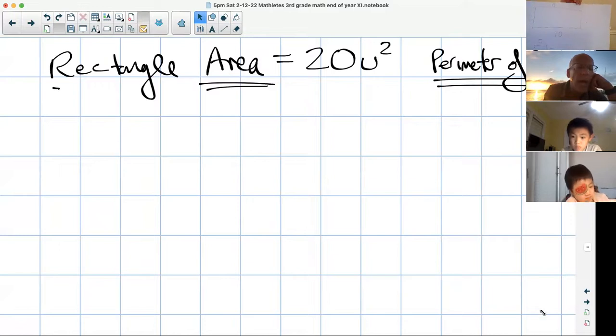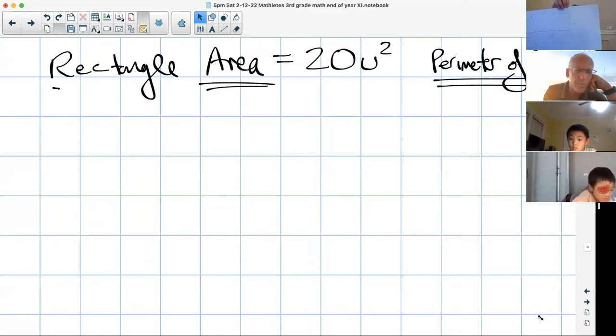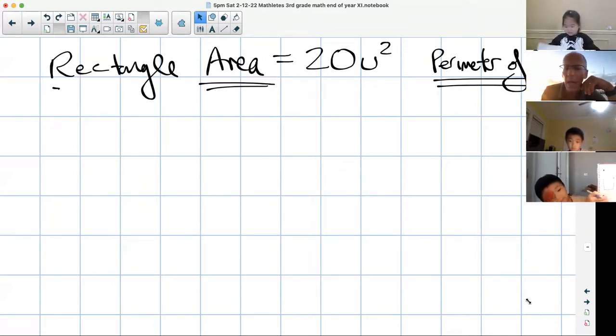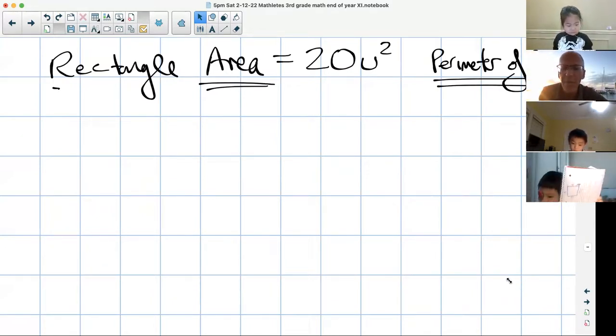So which one has a perimeter of 20 and which one has an area of 20? Eleanor, you can put that down. Sweetheart, which one has a, oh, wow, Jason. And Jason, what about the other one? What are the dimensions? You have to write the dimensions on the rectangle, Jason F. You did that for the 5x5, but do it for the one with area.